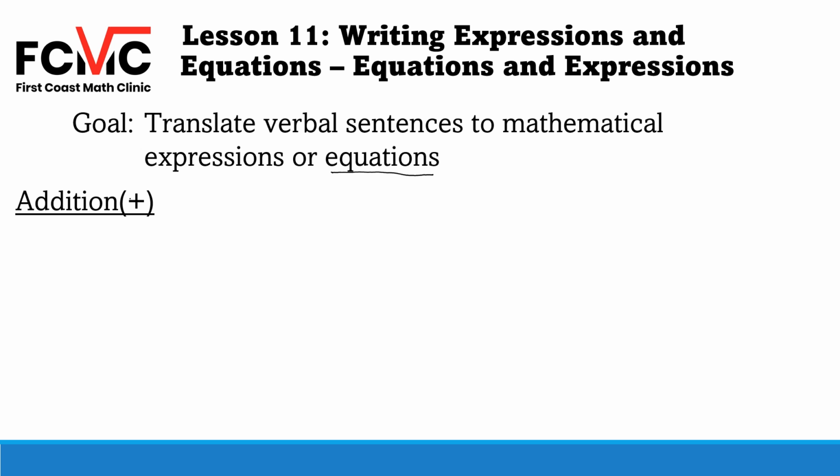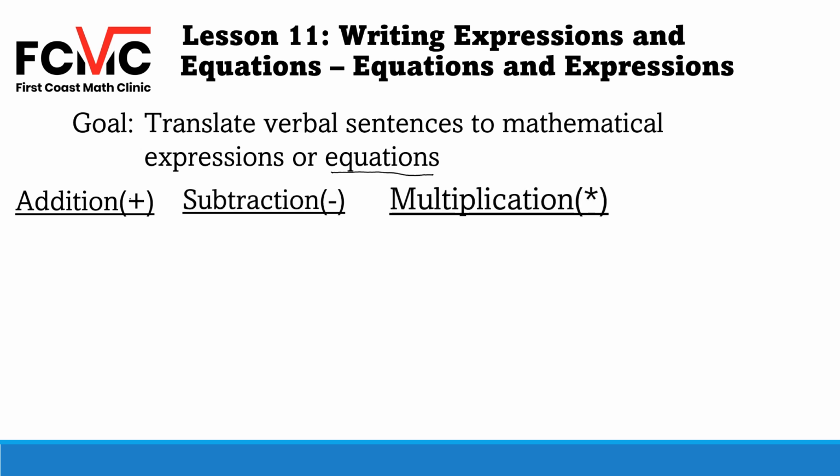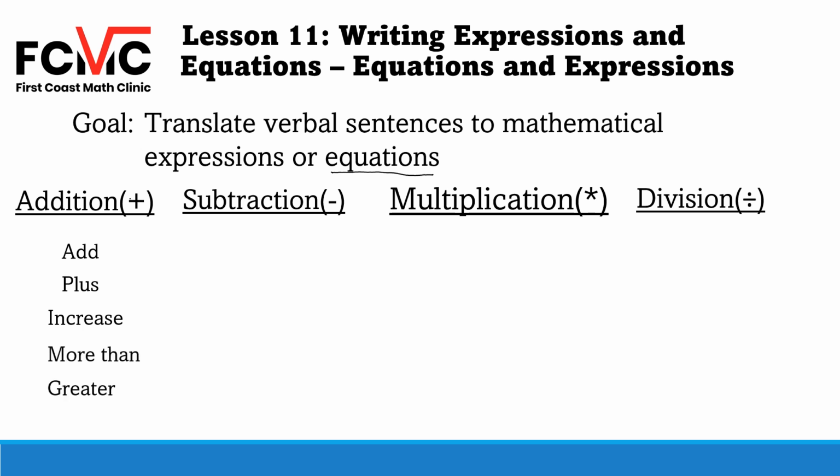So we know our operations are addition, subtraction, multiplication, and division. If we're looking for addition, what words can we see in a verbal sentence that we know mean addition? If we see words like add, plus, increase, more than, greater, and sum, then we're talking about addition.